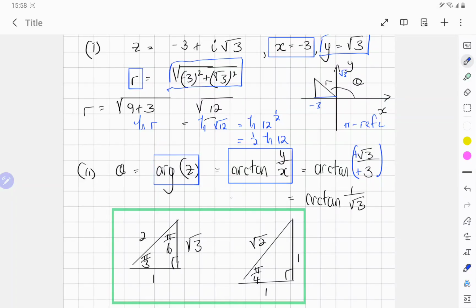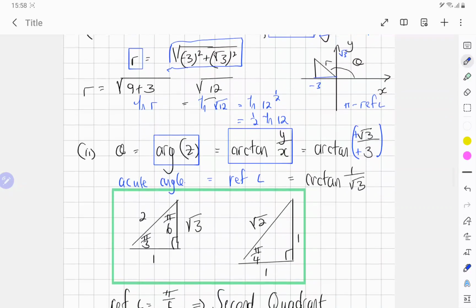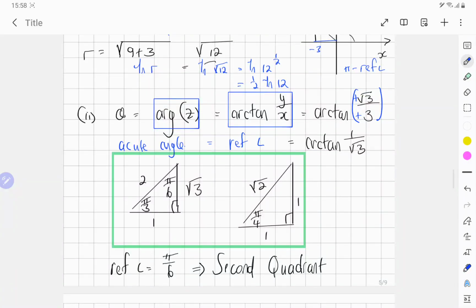I'm only getting the reference angle, which must always be an acute angle. An acute reference angle is in the first quadrant, where both x and y are positive.